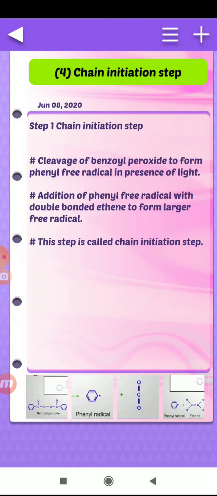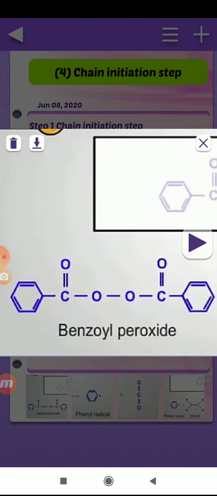Let us discuss the first step, that is the chain initiation step. Here the cleavage of an initiator forms a free radical. Let us take one example of free radical formation from an initiator, that is benzoyl peroxide. It undergoes homolytic fission.